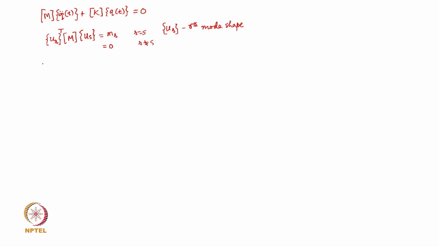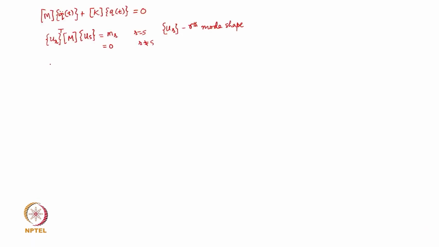So, what we can do is these mode shapes can now be normalized. I am basically going to normalize the mode shapes by writing U tilde R equal to 1 by square root of Mr times UR. Again, this is being done with a specific purpose, and you will realize that shortly.